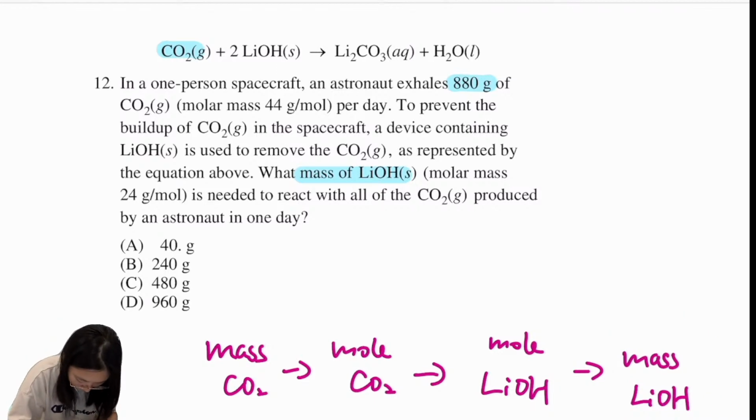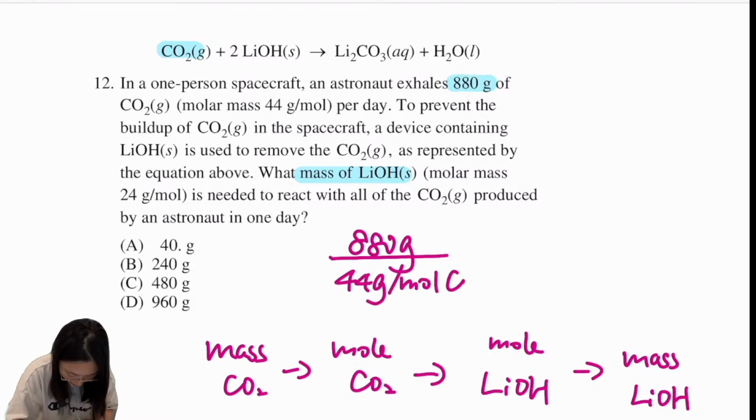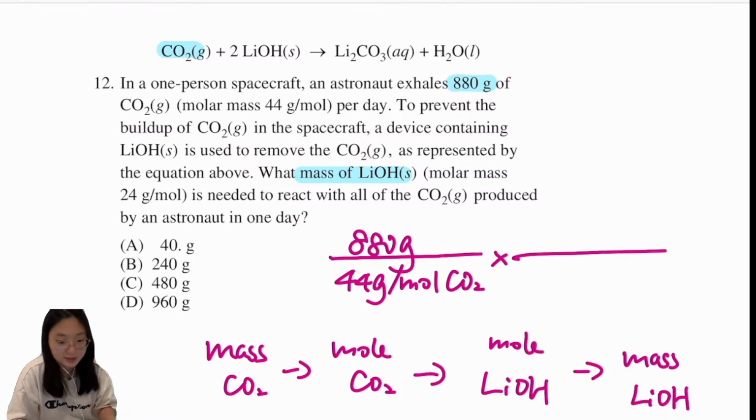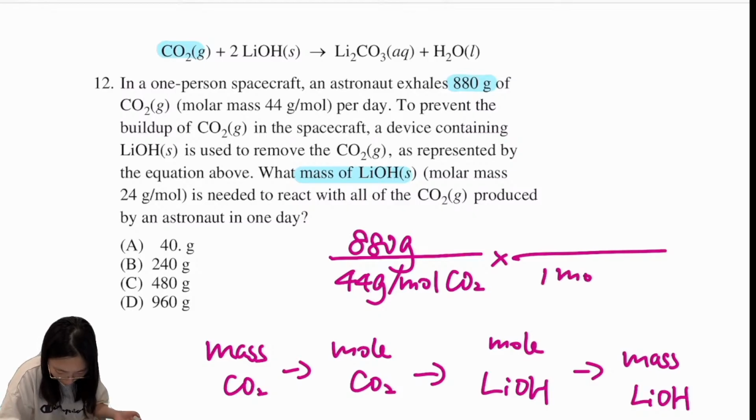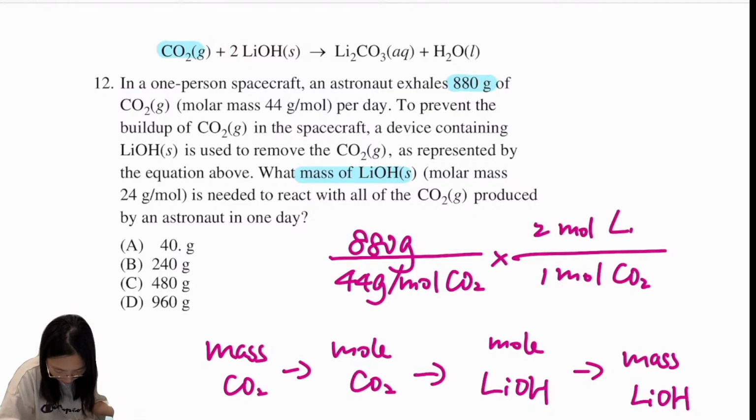So the mass of the carbon dioxide is 880 grams, and you divide it by the molar mass of carbon dioxide, which is 44 grams per mole. And then it's the mole conversion between carbon dioxide and lithium hydroxide. For every 1 mole of carbon dioxide, 2 moles of lithium hydroxide are consumed.